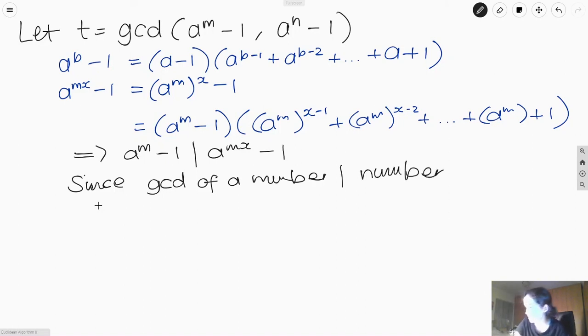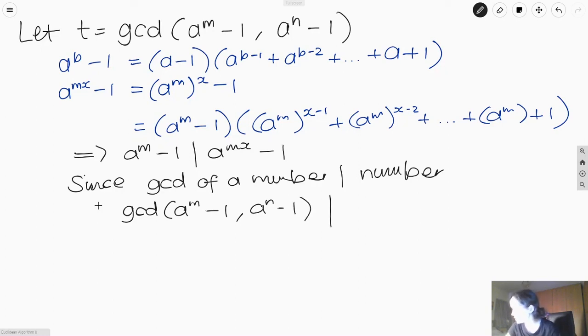this means the GCD of a^m minus 1 and a^n minus 1 is going to divide a^m minus 1. So t, we've established that t is this GCD.